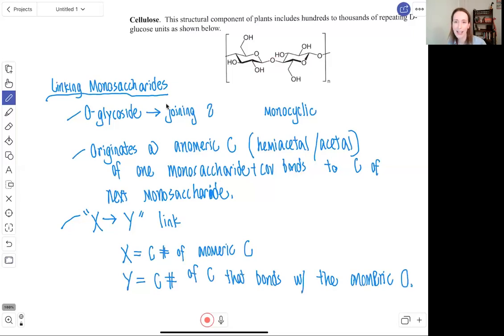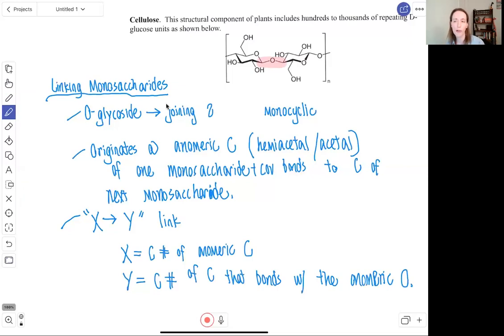So for example, if we take a look at cellulose up top here, we can try to classify that based on the type of linkage that's going on. So if we look at the connectivity between the two structures, the bridge is right here linking those two cycles. That's the connecting point between the two.